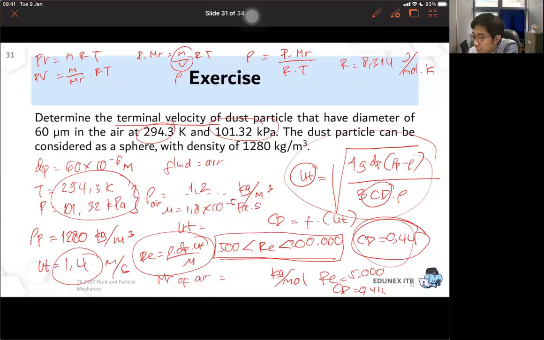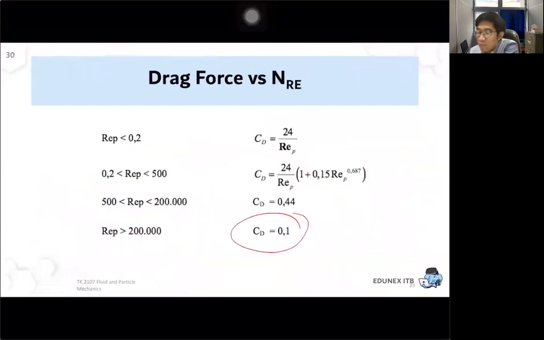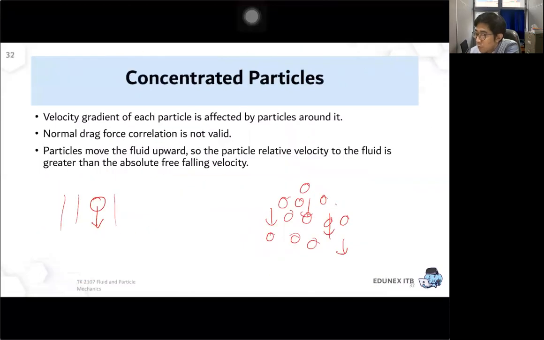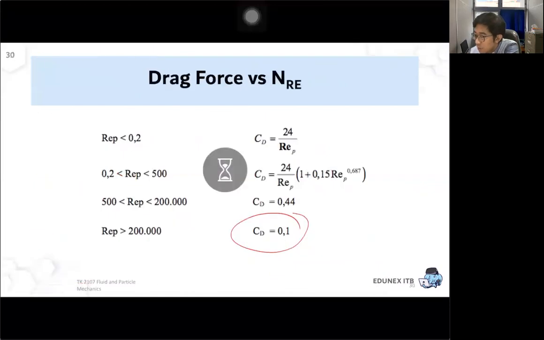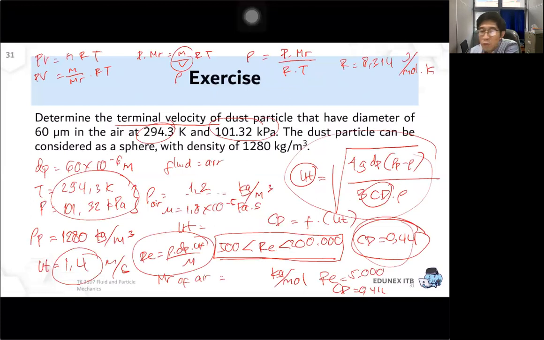But if you get the Reynolds number below 500 or above 200,000, then you can use this one. If above 200,000, replace the 0.44 with 0.1, then put into the equation of the terminal velocity, you get the new value of terminal velocity, then you recalculate the Reynolds number. If it's still above 200,000, then it should be okay.